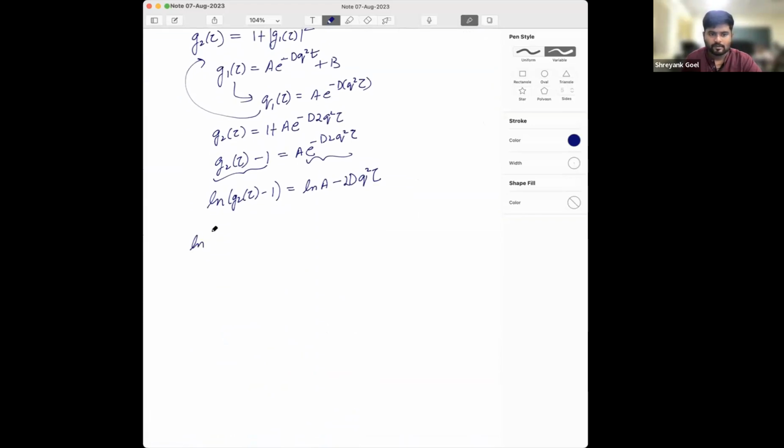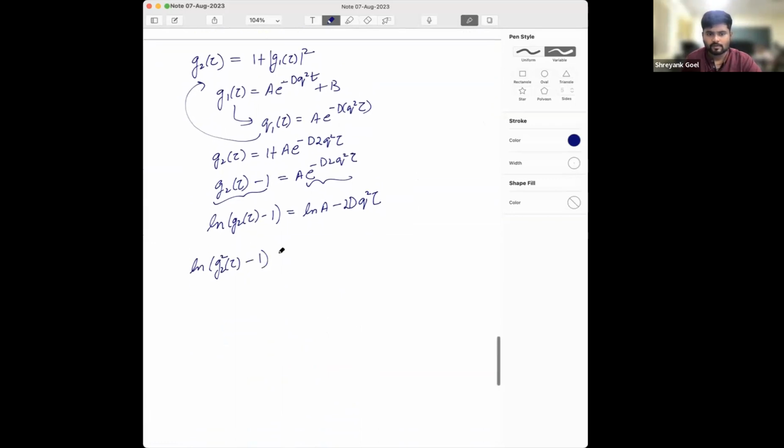Then ln of (G2 tau second minus 1) minus ln of (G2 tau first minus 1), divided by 2 times the q squared tau of the second value minus q squared tau of the first value, which is given already.